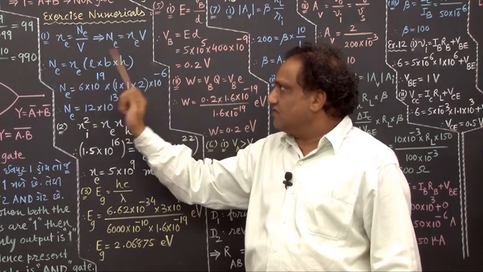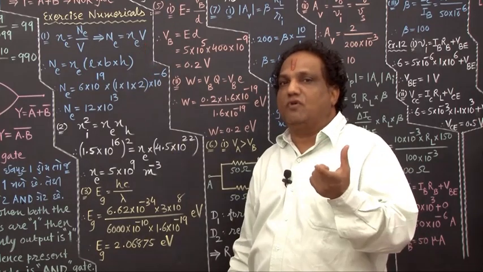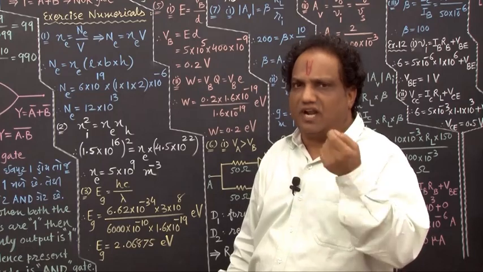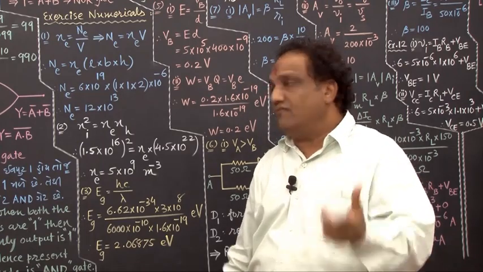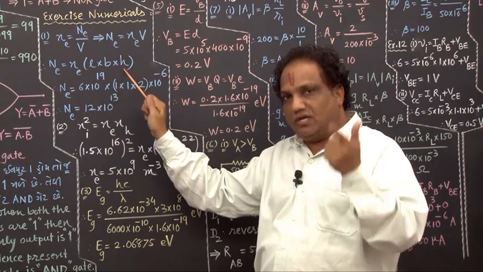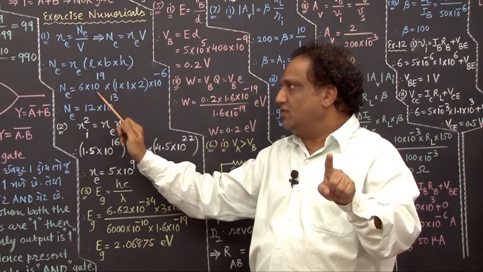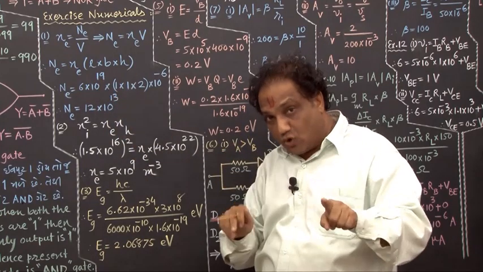Small ne as it is. What is capital V? Volume of the given crystal, and because it is in the form of a rectangular solid, we can say volume is nothing but length into breadth into height. This free electron number density they have given as 6 into 10 raised to 19 per meter cube.